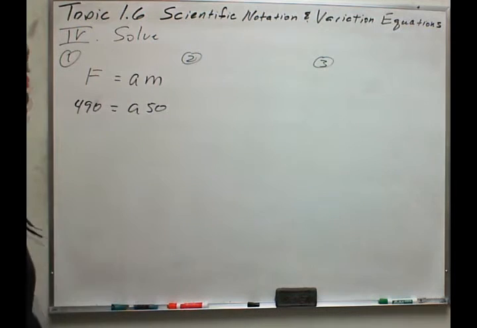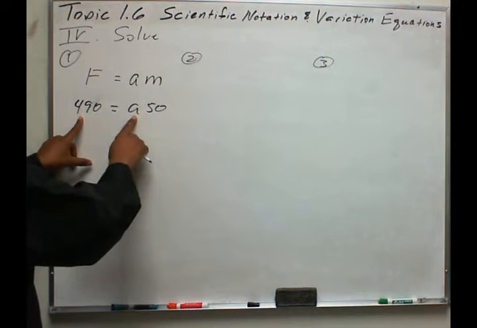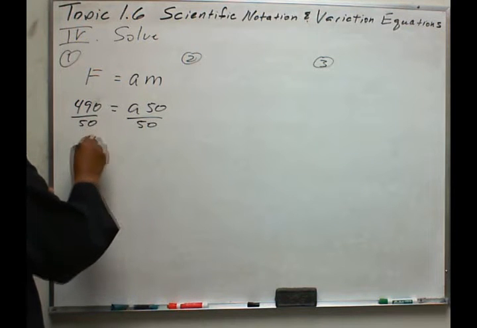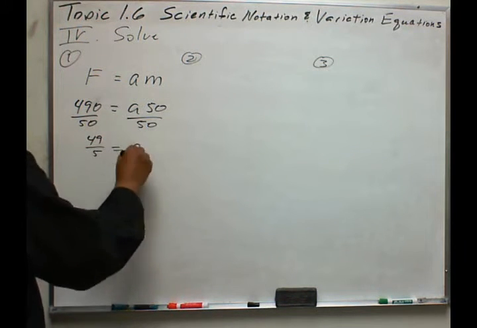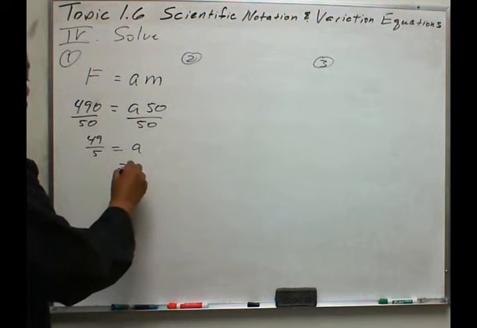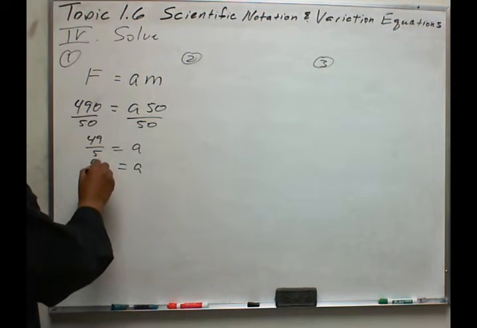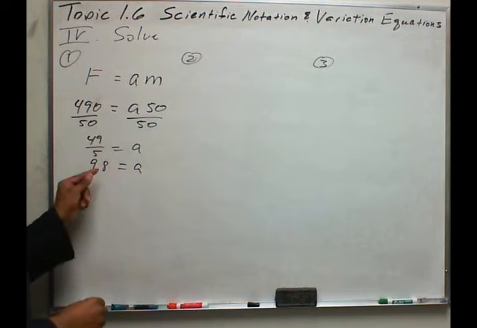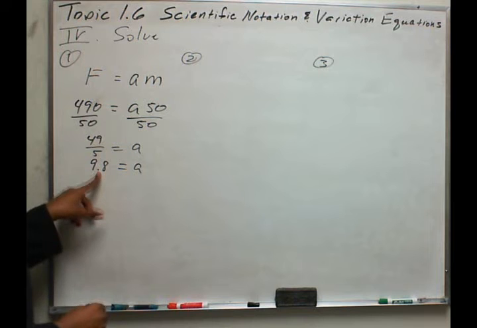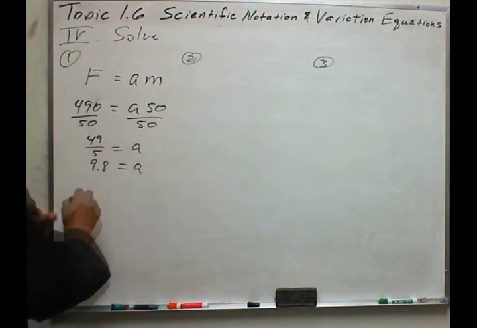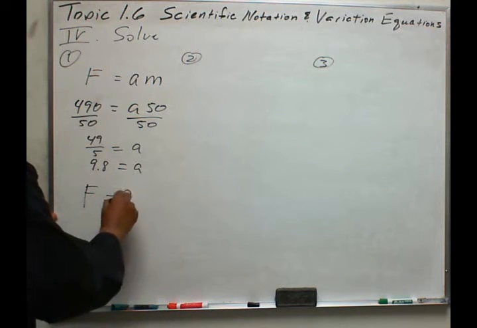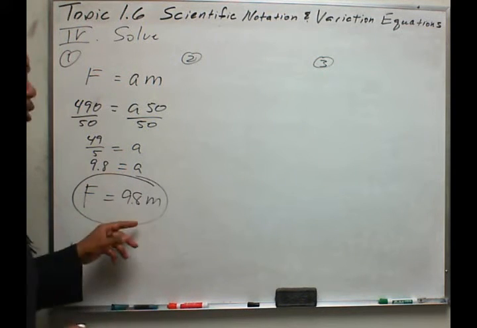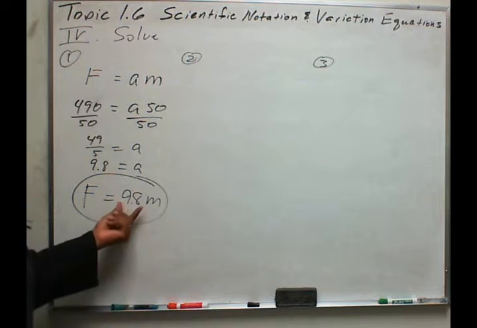Well, to do that, I'm going to solve for my constant A by dividing both sides by 50. I find that A equals about 9.8. Now that I know what my constant is, I will put the value of my constant into my formula, F equals 9.8 M. And this is the variation equation with the actual constant in it.